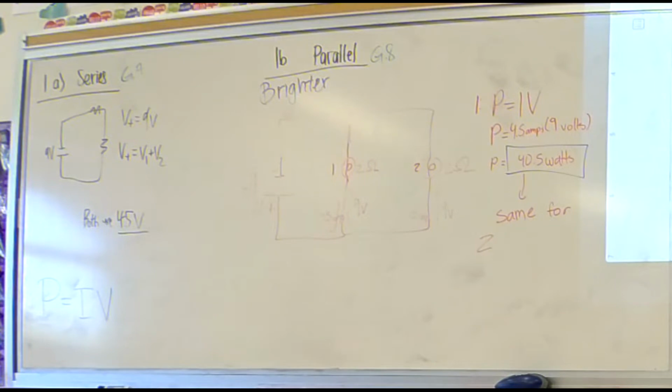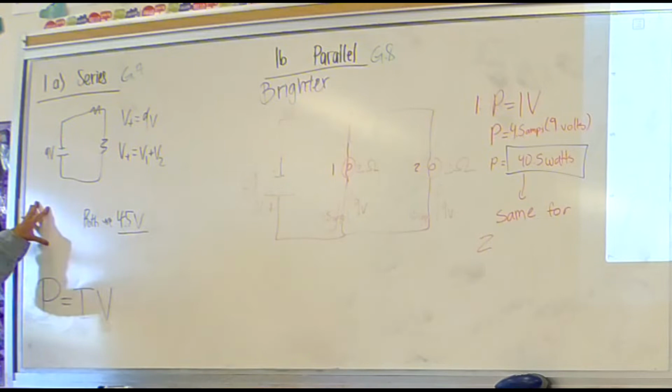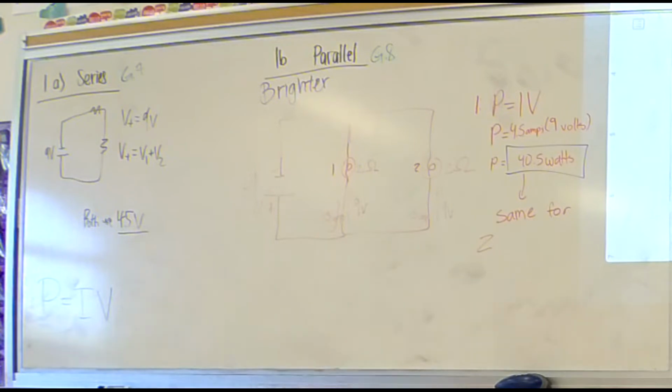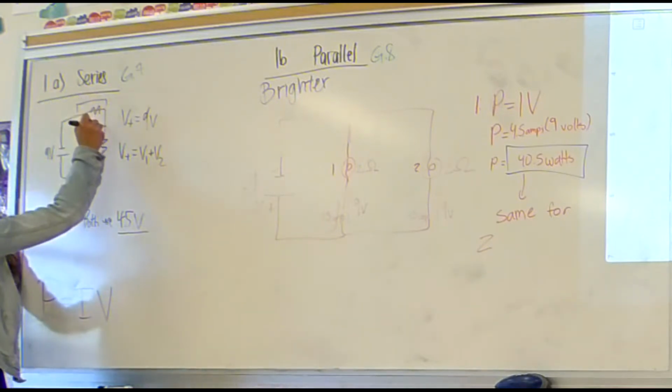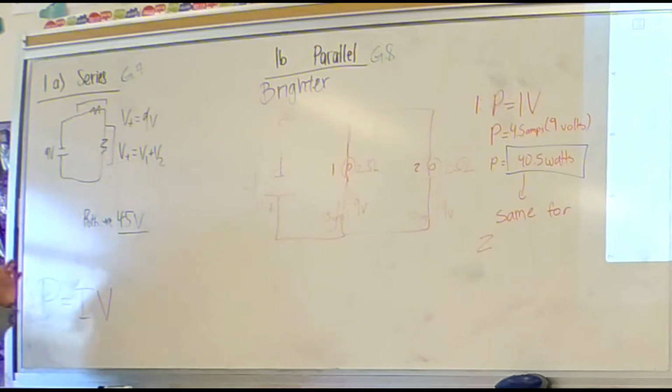So let's go ahead and look at our calculation here. So for this group, they were able to determine that because it's a series circuit, the voltage drop through each resistor or through each light bulb is going to be half of the 9 volts. Now this only works because each light bulb has the exact same resistance.